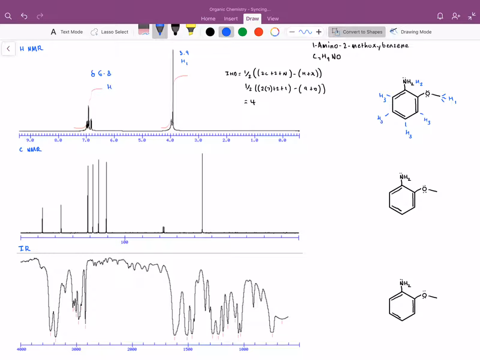So all of our H3s are showing up there, and it's a kind of cluster, and it's spread out in a way, and the integration curve is curved in an odd fashion, because technically those 4 hydrogens labeled H3, some are near a methoxy group, some are near an amino group, and the oxygen within the methoxy group and the nitrogen within the amino group will have different electron withdrawing capacities.